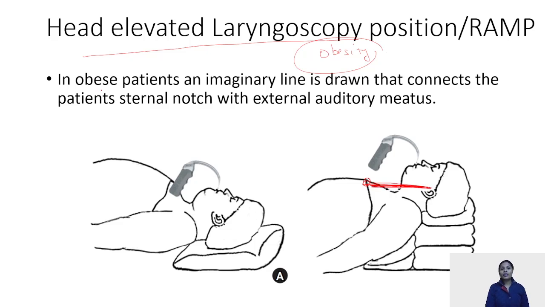In obese patients, we have a ramp position or head elevated laryngoscopic position, such that an imaginary line drawn through the external auditory meatus and the sternal notch in a supine patient is horizontal. This is again a question which is asked: what is the ramp position? Done. And where is it used? In cases of obesity.